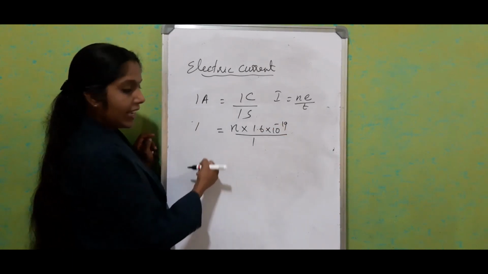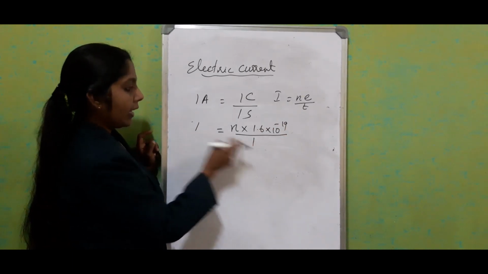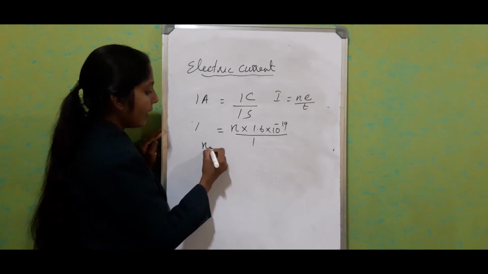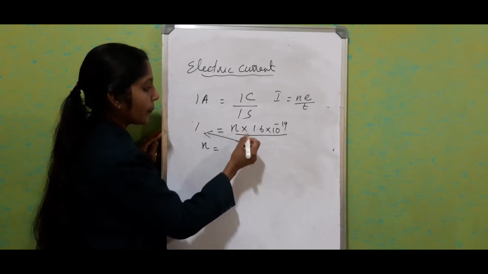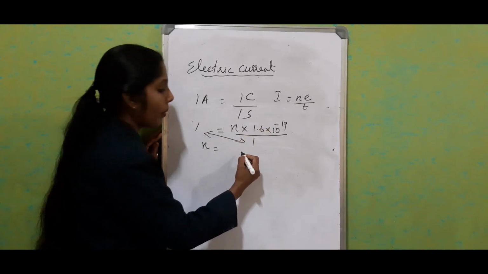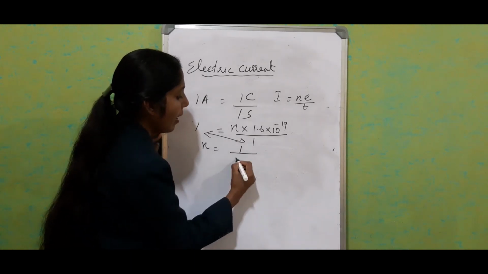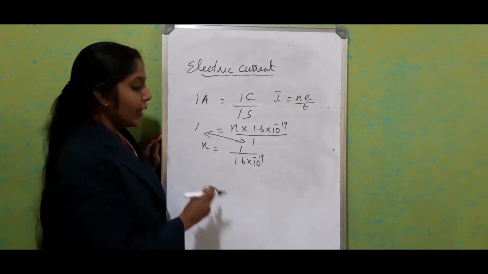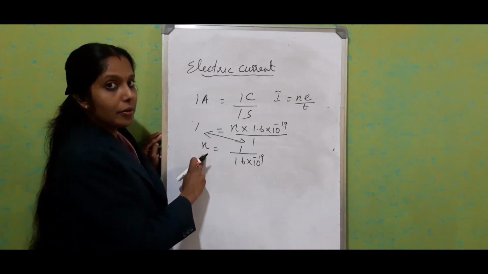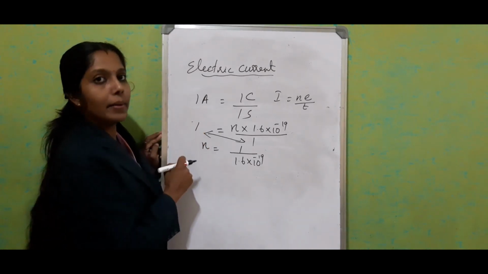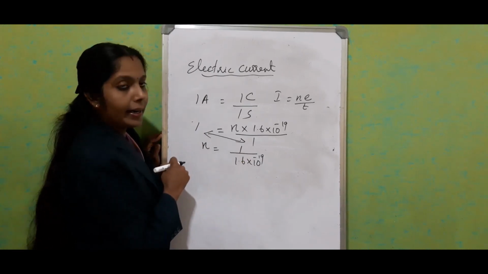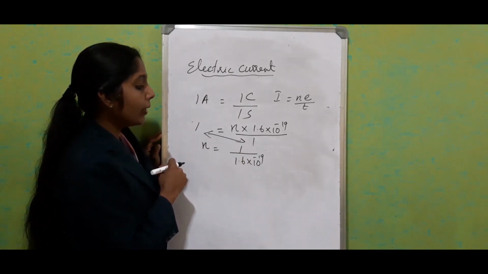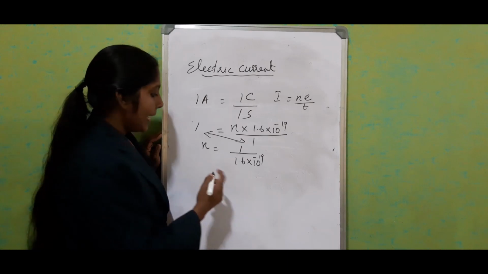When we rearrange this equation, by cross multiplication, N is equal to 1 divided by 1.6 into 10 to the power minus 19.